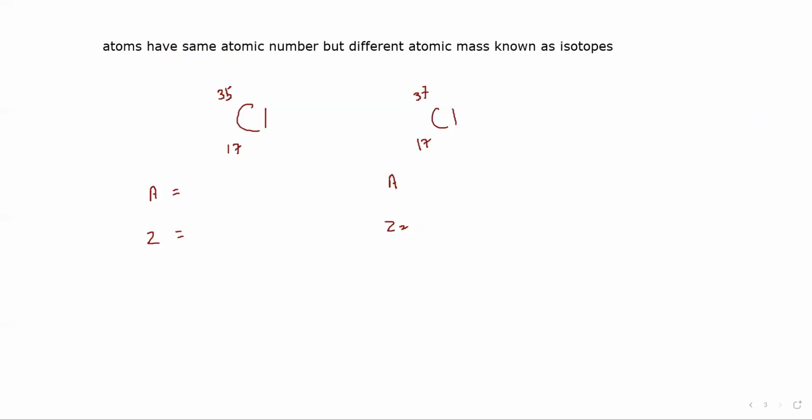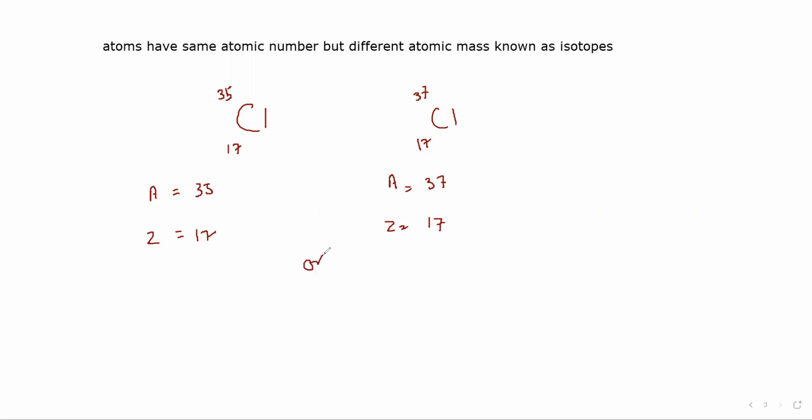So A is equal to 35 and Z is equal to 17. For the second example, A is 37, Z is 17. So you can see same atomic number but different atomic mass. So we call them isotopes.